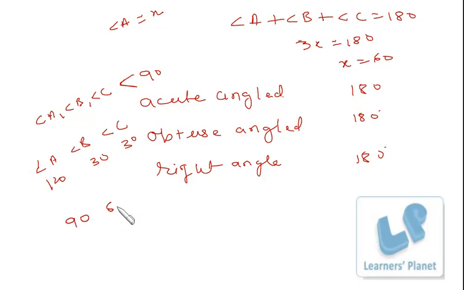So suppose I say 90, 60, 30. So this is a right angle triangle. The remaining two angles will be acute angles. Okay. So acute angle, obtuse angle, right angle. All the angles will be less than 90. One angle will be more than 90. Exactly one angle will be equal to 90. Okay. So the difference among acute, obtuse and right is clear in your mind. Acute angle triangle, obtuse angle triangle, right angle triangle.